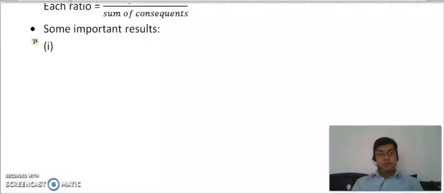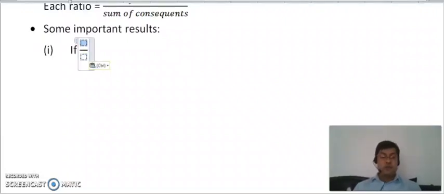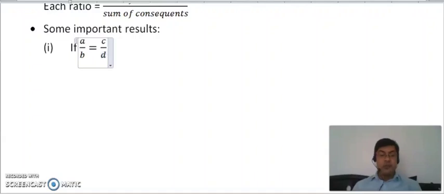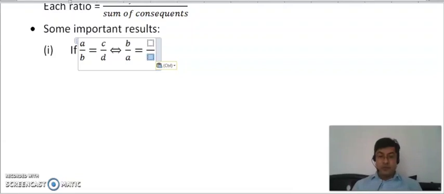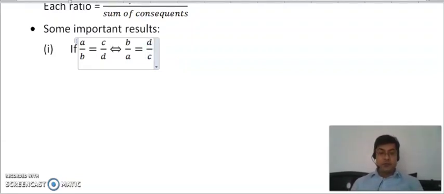Number one, ratio. If A upon B is equal to C upon D, will imply B upon A equal to D upon C. Now this property is called invertendo.